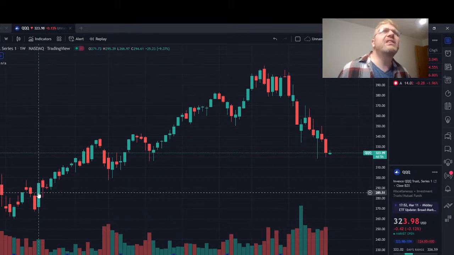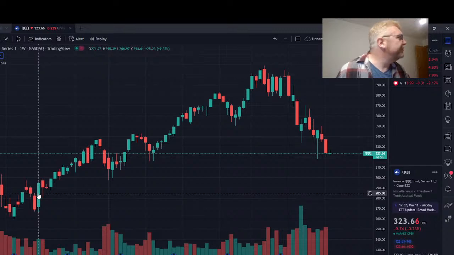So this is the QQQ, which is the Invesco Trust. It mirrors the Nasdaq, and all the markets are the same for this. So this was a 25-point move to the upside in a week.